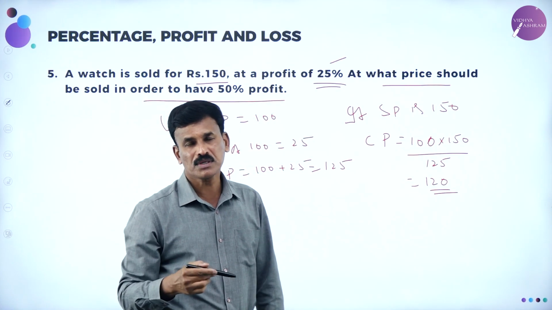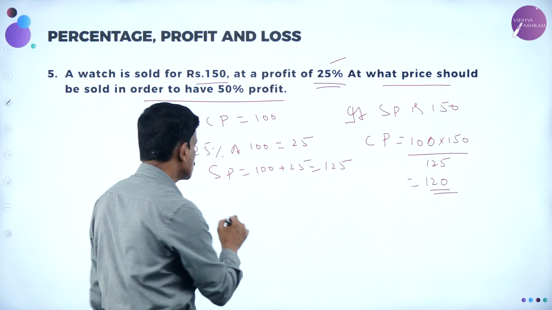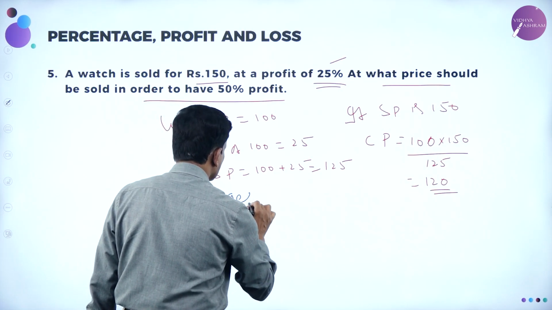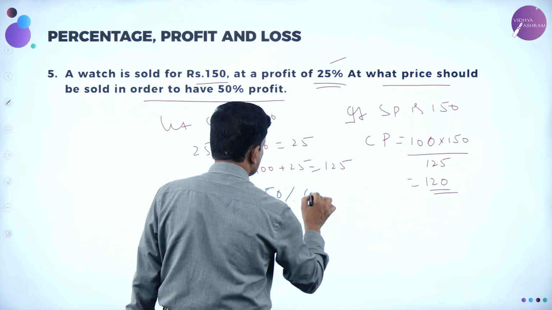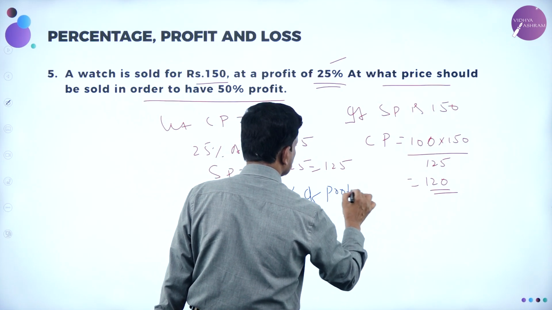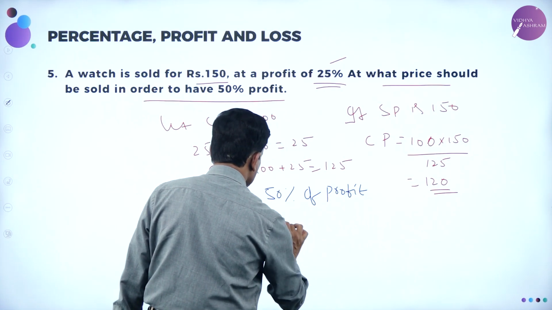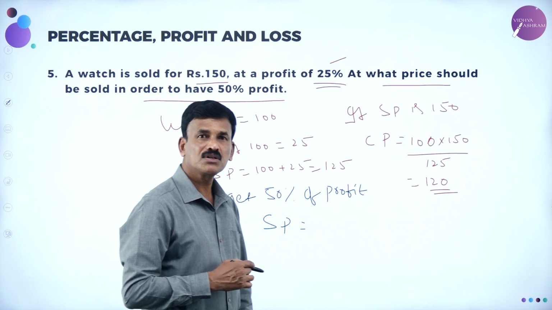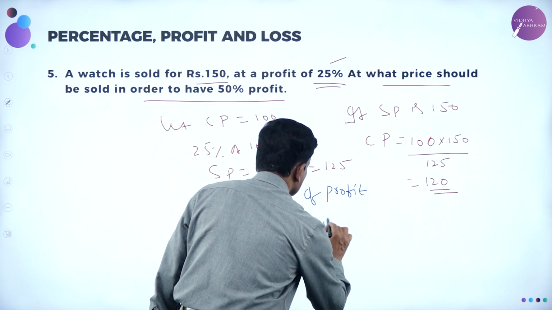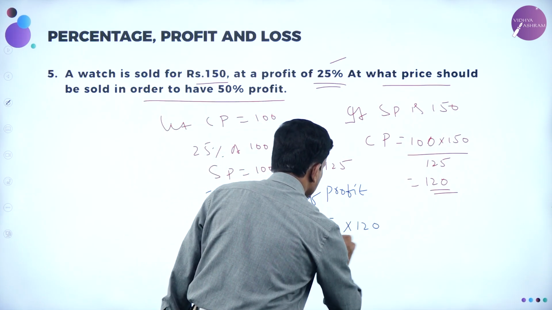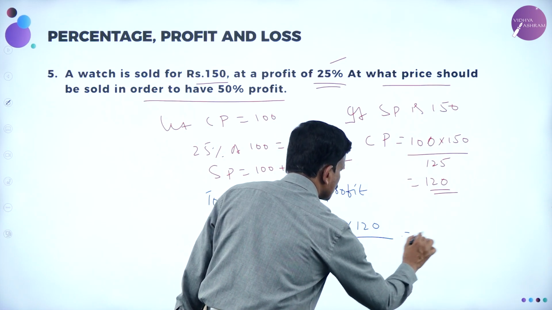Now to get 50% profit, what is the SP? To get 50% profit, the selling price SP is equal to 150 into 120 divided by 100. That's it.